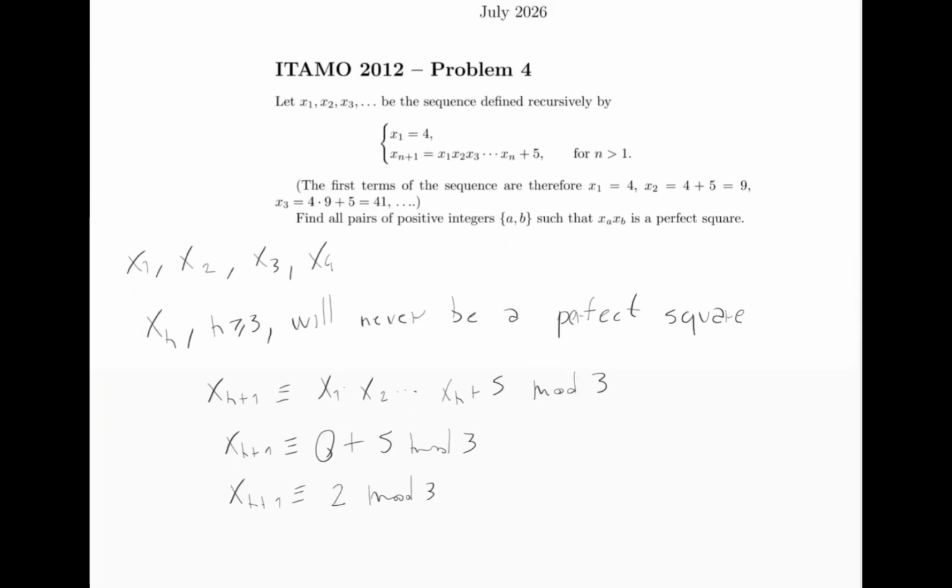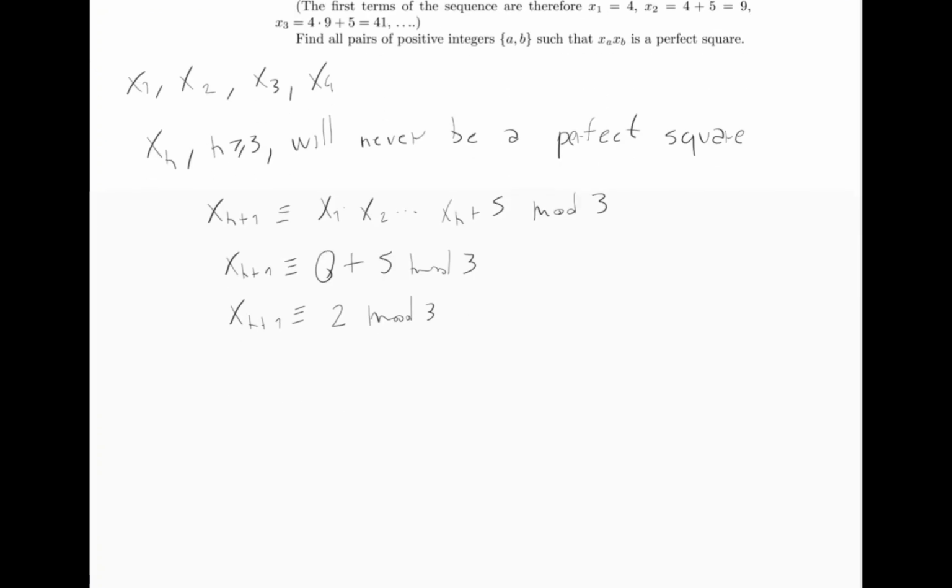Now, we can use this reasoning again. Let's assume p divides xi with i smaller than n.